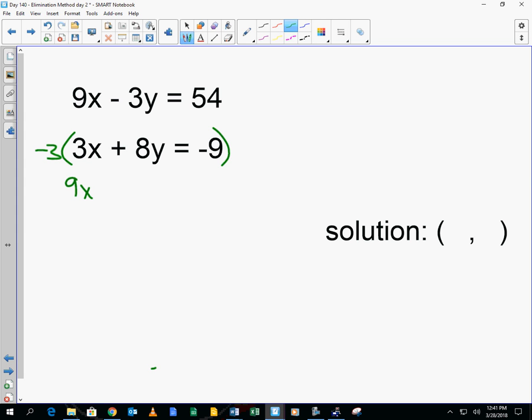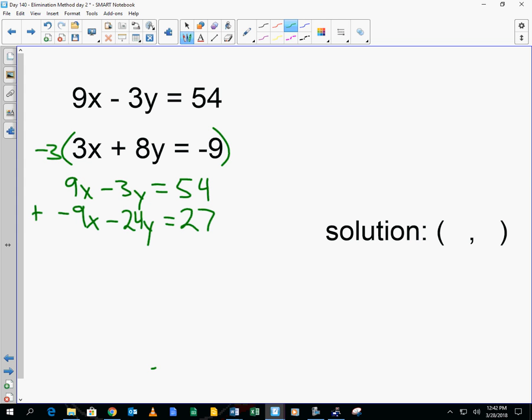I have the top equation, 9x minus 3y is 54. And for the bottom one, when I multiply by negative 3, what do I get? Negative 3 times negative 9, positive 27.